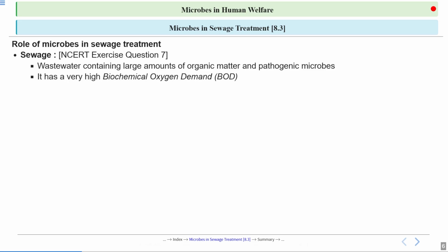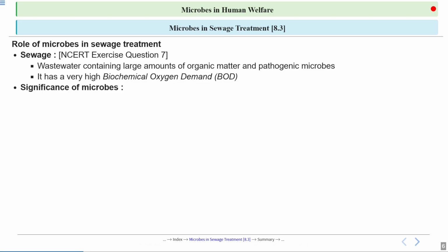The high biological oxygen demand, meaning BOD, of sewage indicates a significant amount of organic pollution. If there is high BOD, it means there is high content of organic matter, meaning the water is polluted. So treating the sewage is very important. Clear?